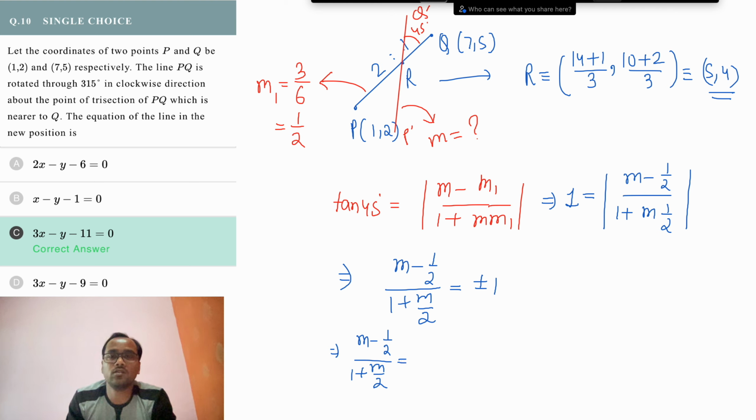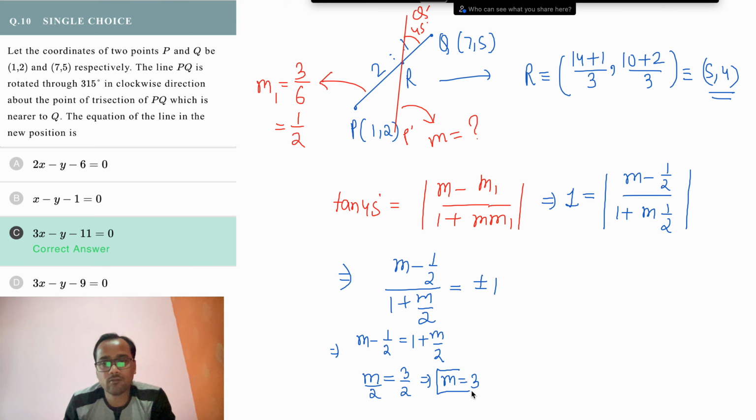So you would be getting m minus 1 by 2 is equal to 1 plus m by 2. So from here m will be coming out to be m minus m by 2, that is m by 2, is equal to 1 plus 1 by 2, that is 3 by 2. So m is coming out to be 3. That means the slope of this line P dash Q dash will be 3.